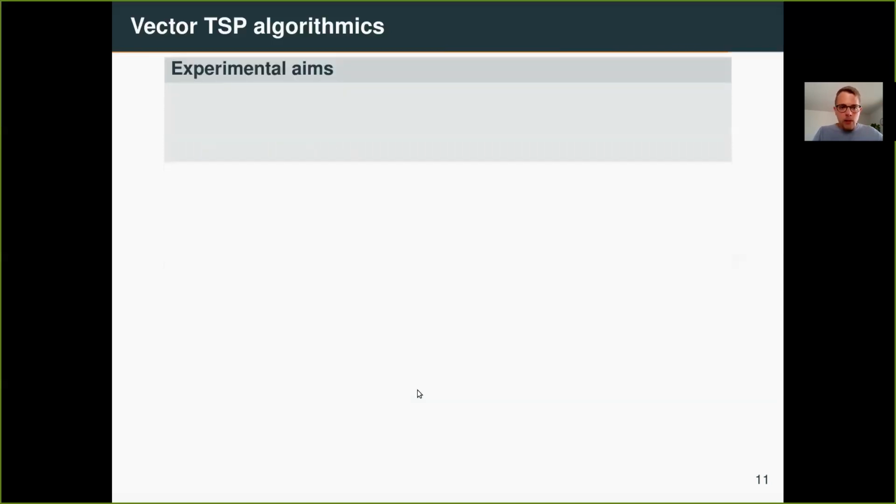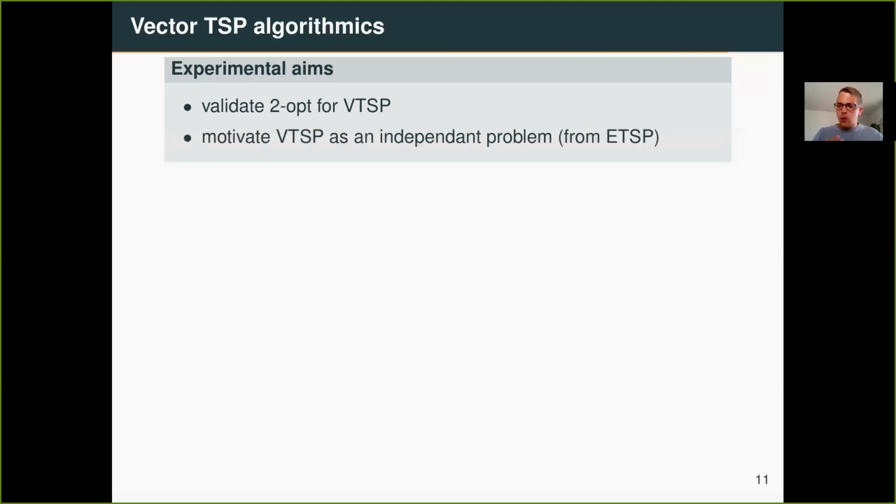So for the experiments, we had two aims, two goals in some sense. We wanted, of course, to validate the two-opt that we just presented for the VectorTSP. And maybe this is the most important experimental aim, we wanted to motivate the VectorTSP as an independent problem, especially from Euclidean TSP.